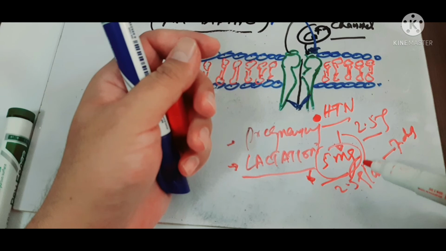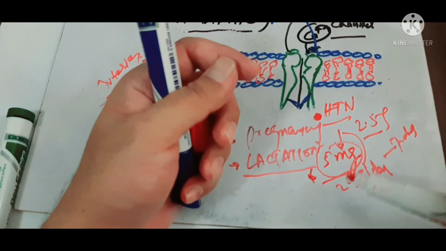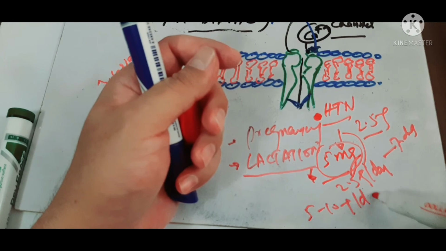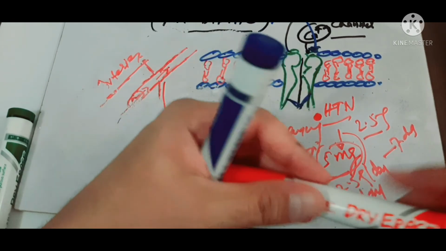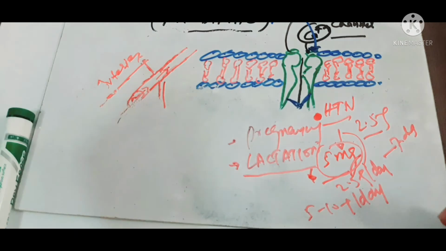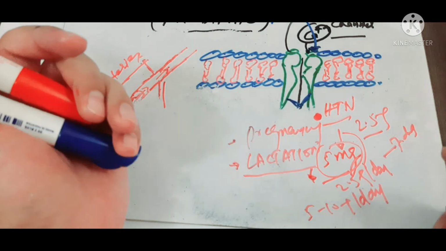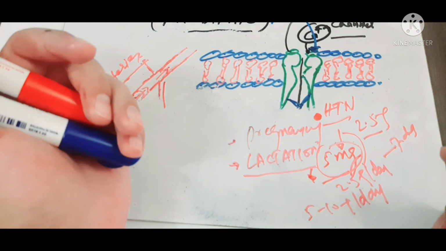The maintenance dose of amlodipine is 5 to 10 milligram per day, and we ask the patient to check their blood pressure regularly as well. The patient should check their blood pressure at least 2 times a day if it is controlled, in the morning and in the evening.